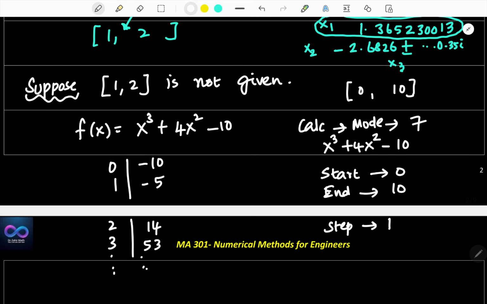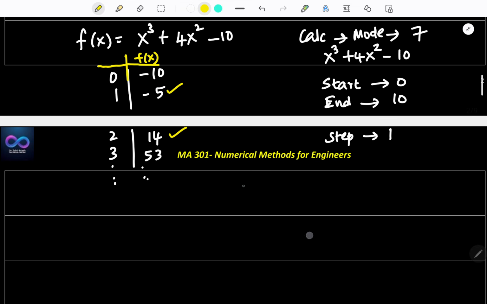Okay. So in this place, you have to note something. What is that? If there is a change of sign in your f of x values, you see here, there is a minus 5, there is a 14. If there is a change of sign in f of x, then you have to note down that point.